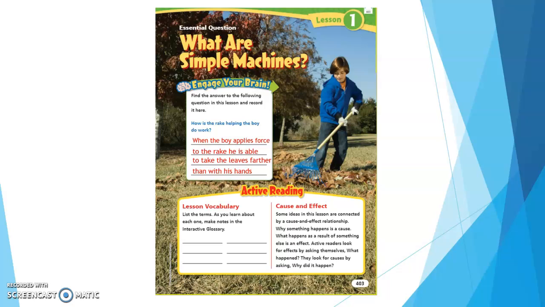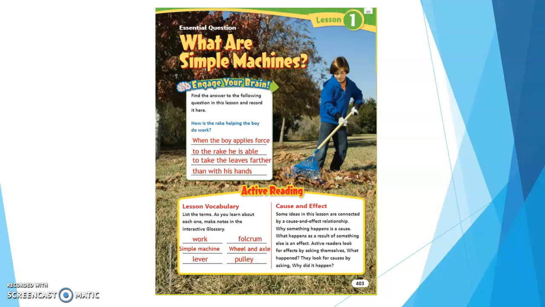Active reading, lesson vocabulary. List the terms. As you learn about each one, make notes in the interactive glossary. Okay? Remember to work in the interactive glossary. Work, simple machine, lever, fulcrum, wheel and axle, and pulley. Cause and effect.